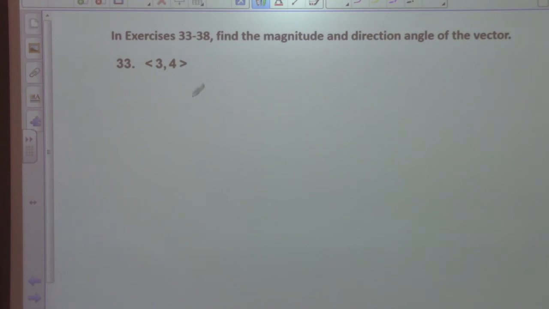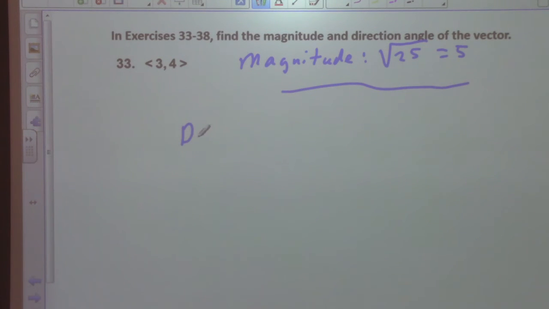I got for magnitude the square root of 25, which is also 5. So that's our magnitude, and for our direction, I got 53.130.